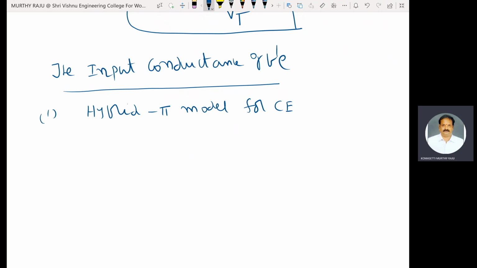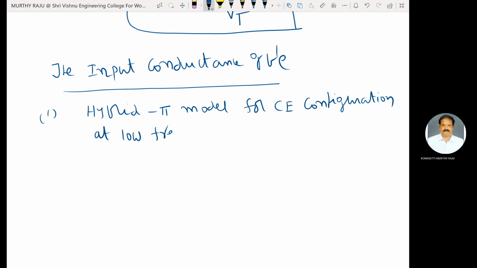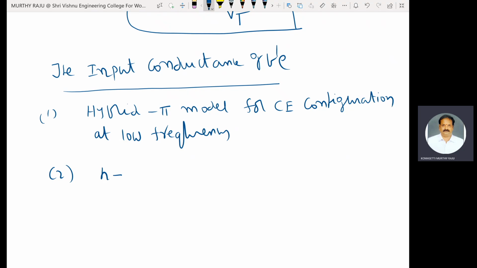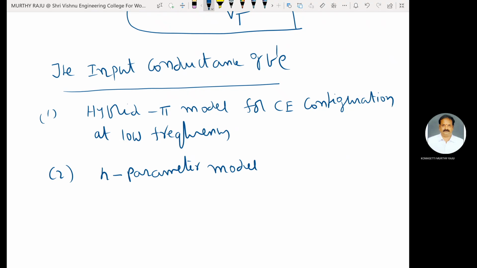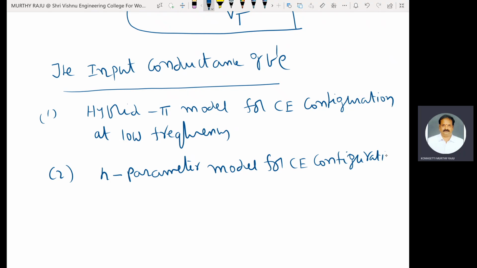For CE configuration at low frequency. Second one is the H parameter model for CE configuration at low frequency.